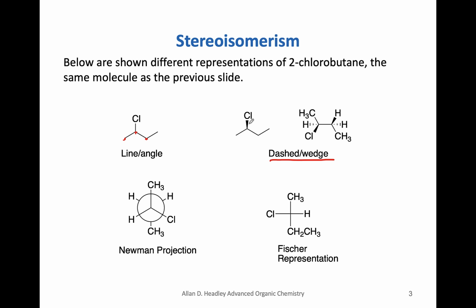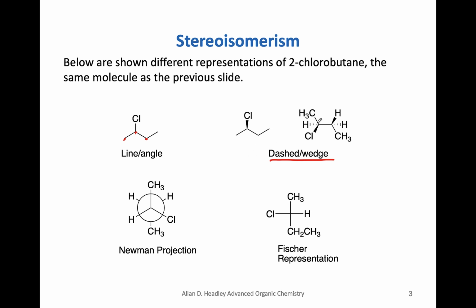Here is a wedge, and that means that it's in front. Here is a dash, and that means that it's behind. So again, this type of representation gives us a good description of the atoms that are in front of the paper and the atoms that are behind the paper in a different plane.